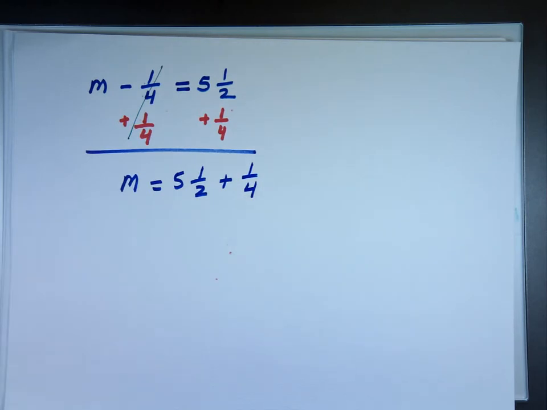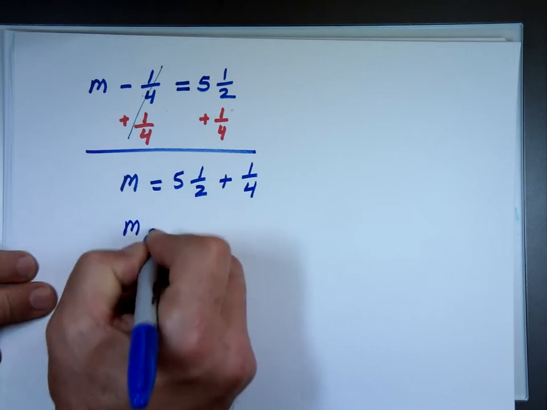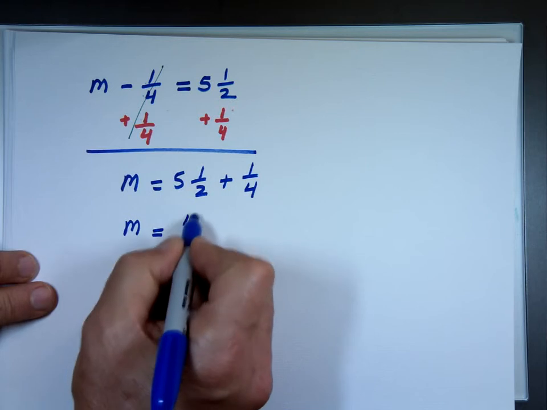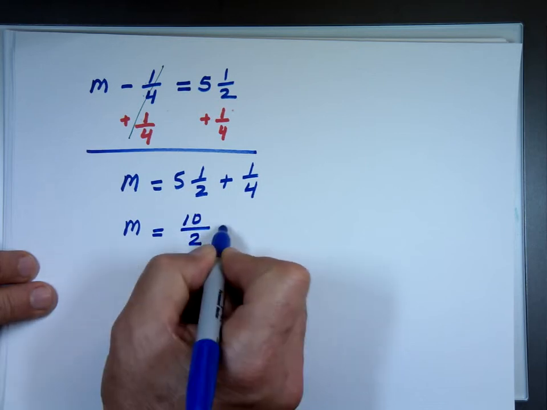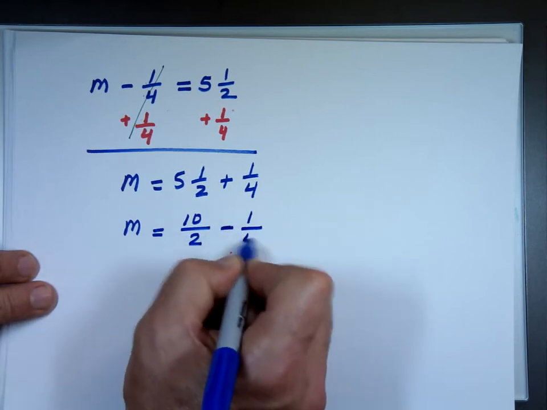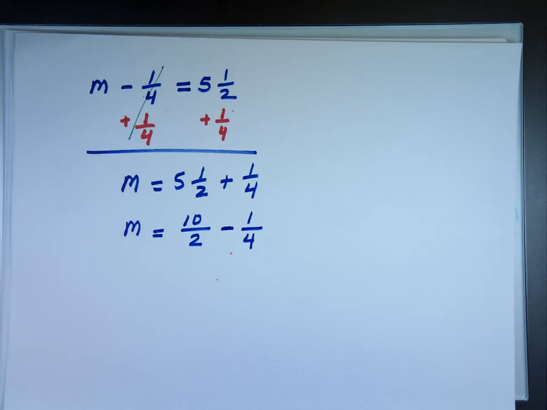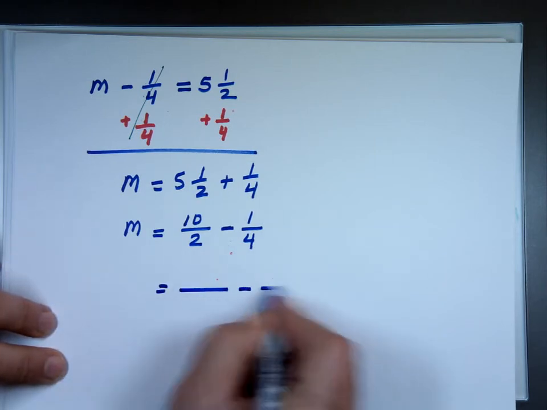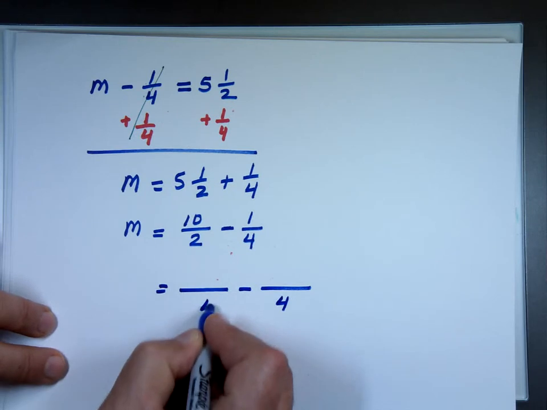Change them to improper fractions. 2 times 5, 10 and 1. Again, we're adding. So the least common denominator for us is what? 4. Very good.